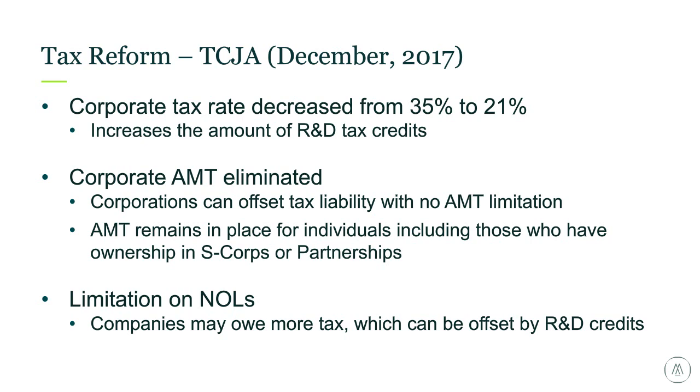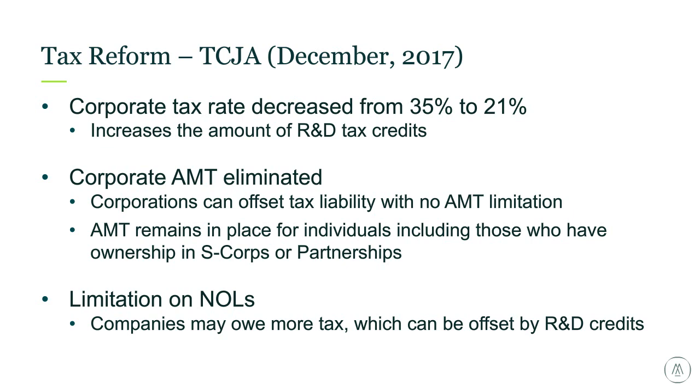The corporate alternative minimum tax was eliminated. In the past, it was set at 20%. That meant that regardless of any credits or deductions, a corporation would still be taxed at a minimum rate of 20%. And again, the R&D credit could not be used to offset that AMT tax liability. Since the corporate AMT was eliminated, the taxpayer can now offset the R&D tax credit against federal income tax.